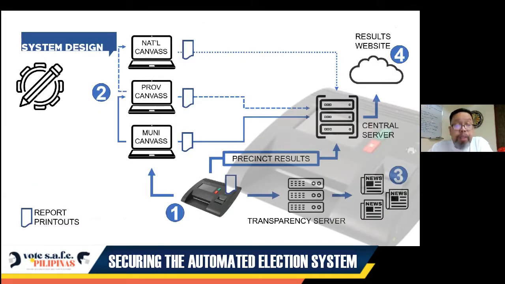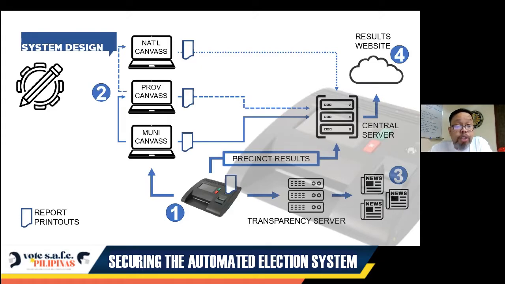The third pillar of automated election system security is the system design. As you can see from the diagram, the VCM transmits precinct results to three different locations simultaneously. First, to the municipal canvassing station, second, to the central server, and third, to the transparency server.